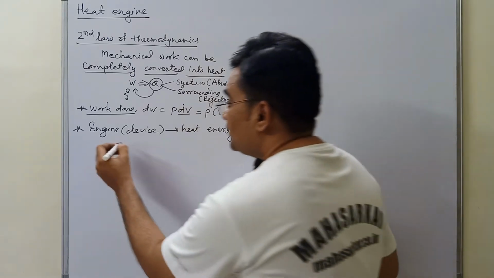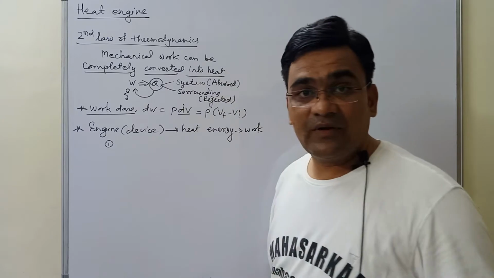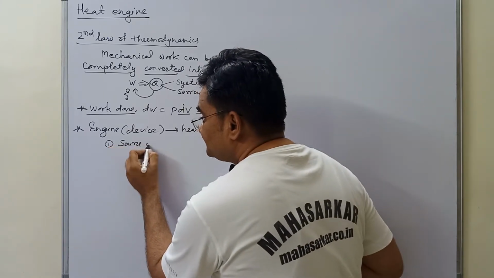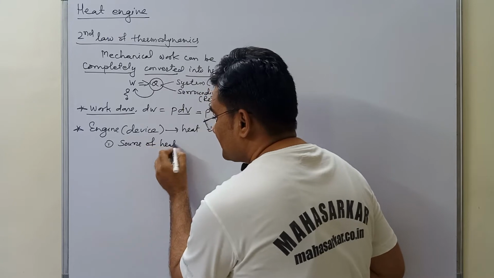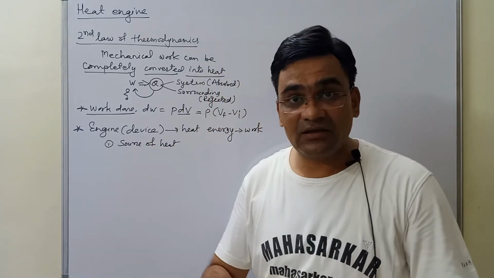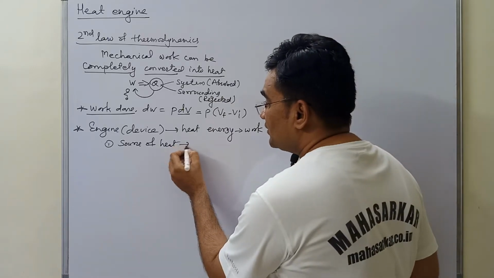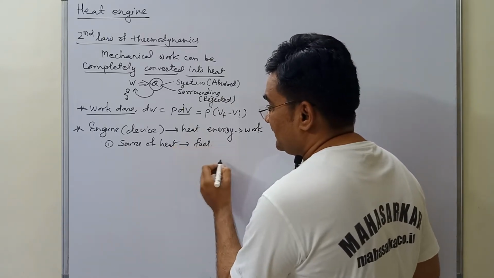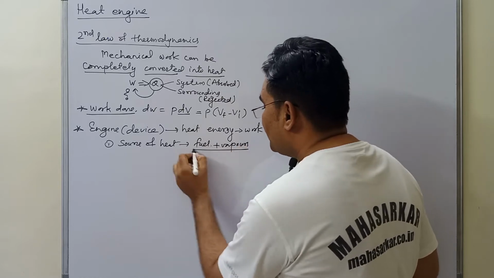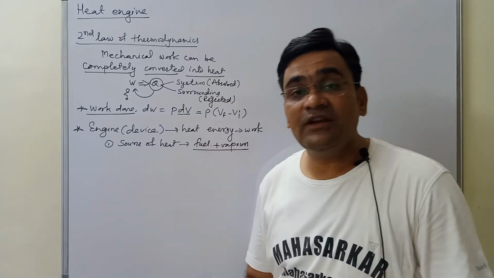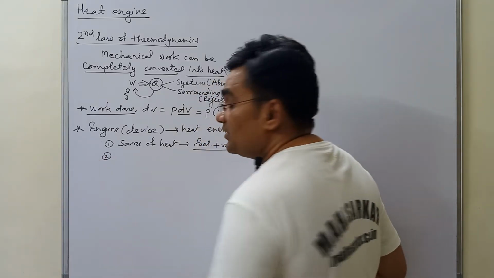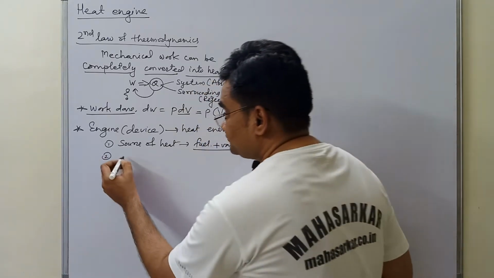Now how it works? For that, some important terms are required. The first is source of heat. Now, for example, if I am considering the engine of a bike, then source of heat can be by means of fuel and some vapors of the fuel. Fuel vapors produce heat and that heat can be used. Second is the basic engine.